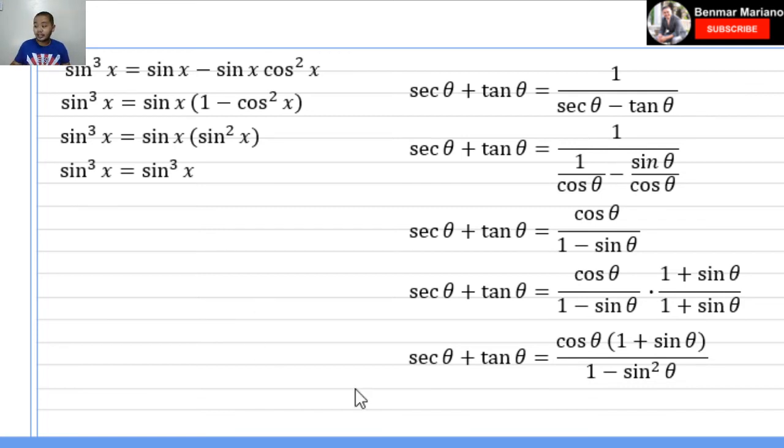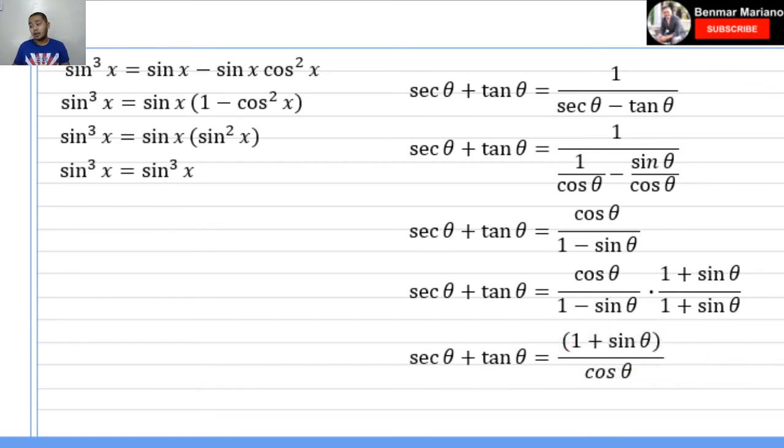Next, our denominator can be converted into cosine squared theta. Next, we can cancel out cosine theta and cosine squared theta. Now, our numerator will become 1 plus sine theta only, while our denominator will become cosine theta only.